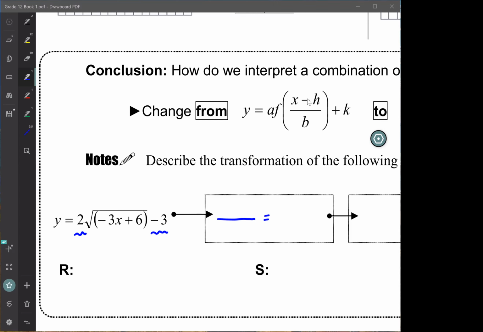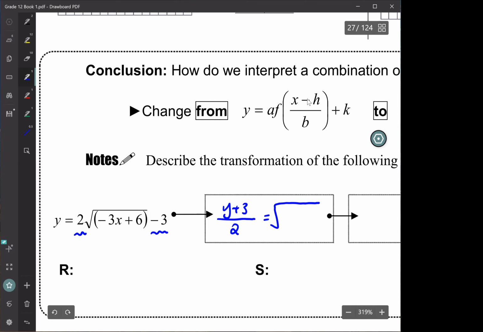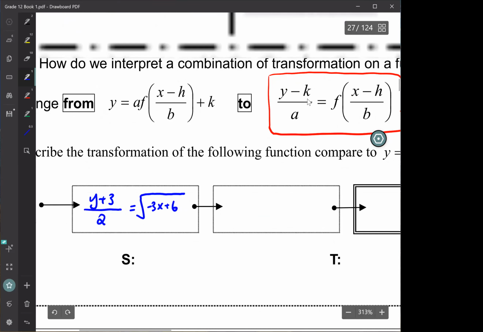Is it y plus 3 over 2? Very good, okay, so subtracting, you do adding, right? Multiplying, you do dividing, okay? So that's the easy part. So then right side, let's keep it there first, okay? -3x plus 6. Now let's worry about the x part now.